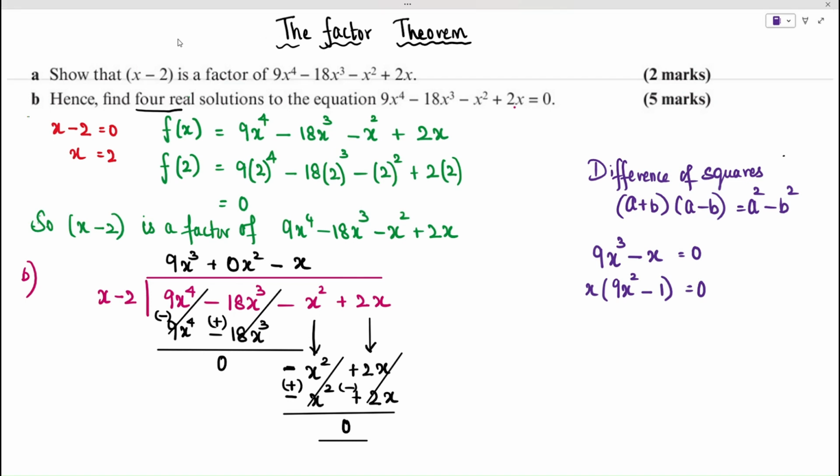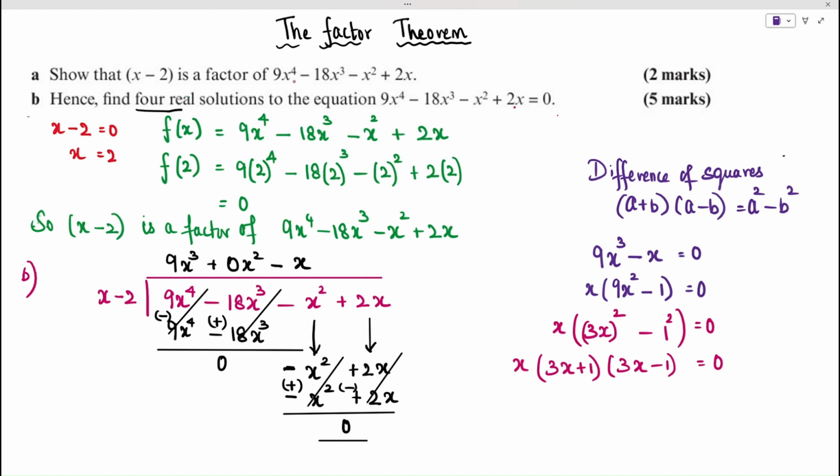So if we take 9x squared as a squared, this gives us a as 3x, and if we take 1 as b squared, this is 1 squared. And so we have x times 3x plus 1 and 3x minus 1, and this is equal to 0. And now, as we do with quadratics, we just solve to find x.